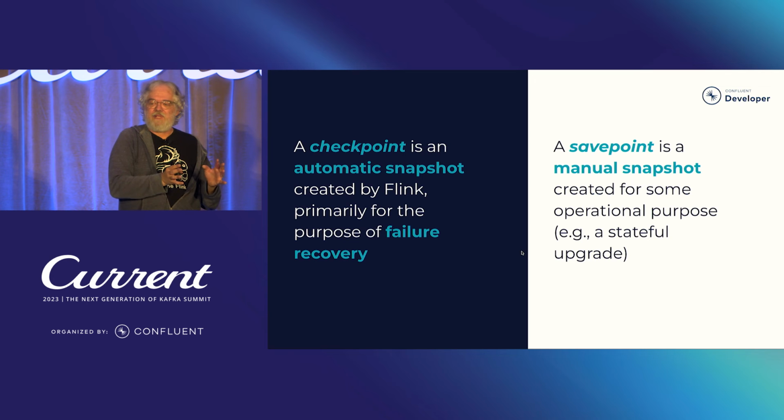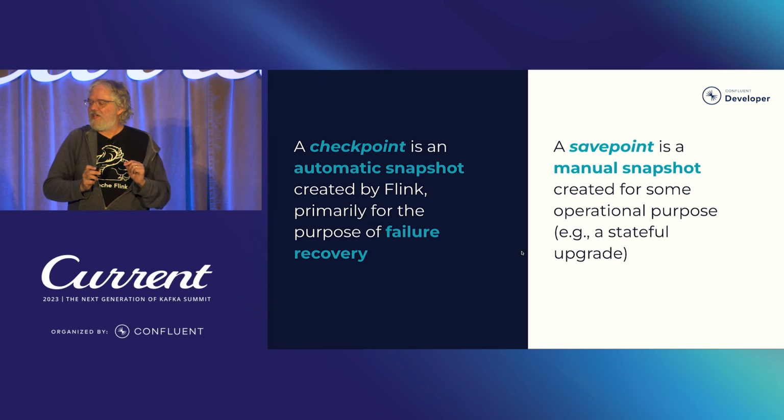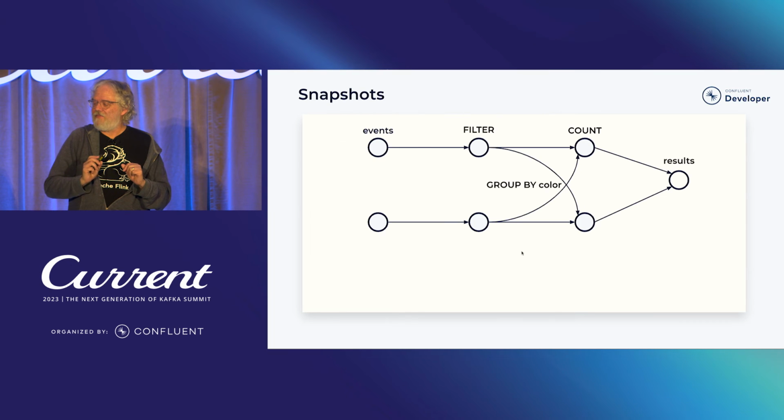A checkpoint doesn't have to be as flexible in its operational capabilities. A checkpoint needs to be something that can be recovered as fast as possible, because your goal is to get back up and running as fast as possible, so you want your checkpoint to be in a format that Flink can ingest and start from as fast as it can.